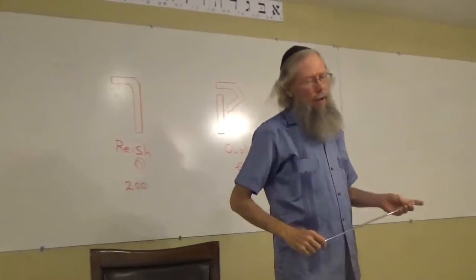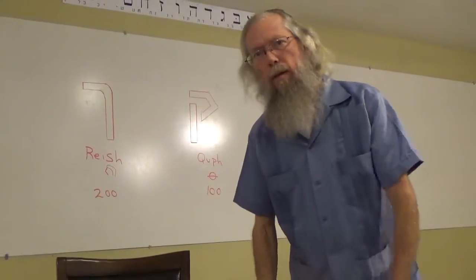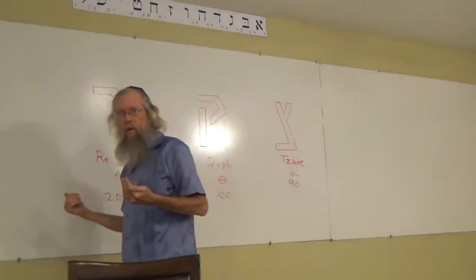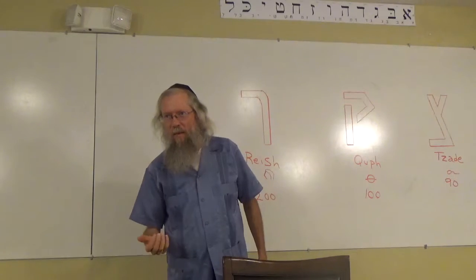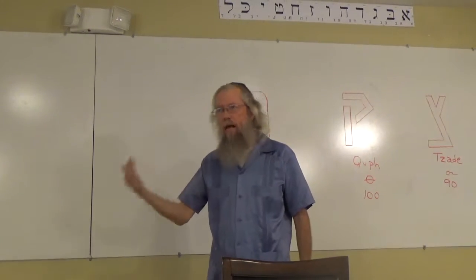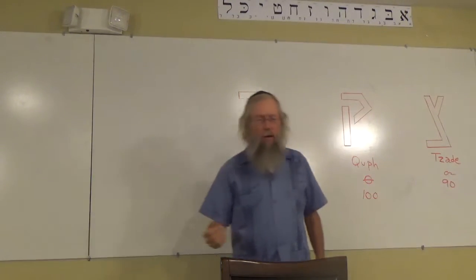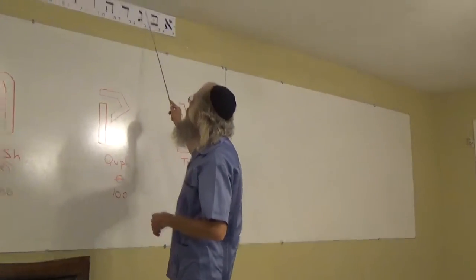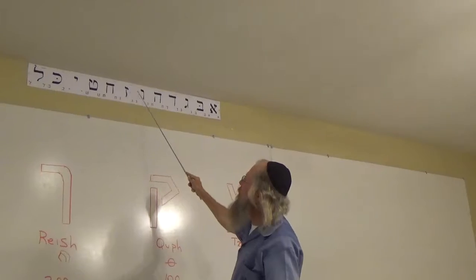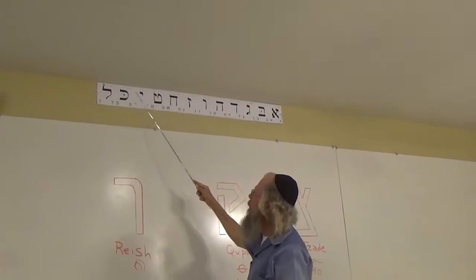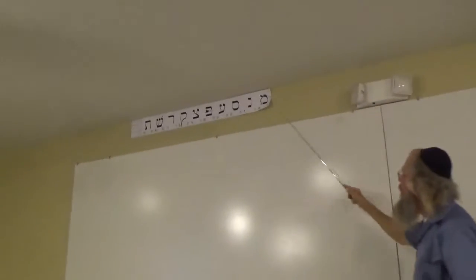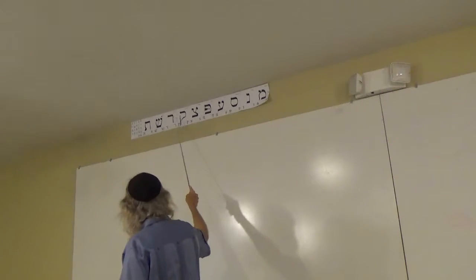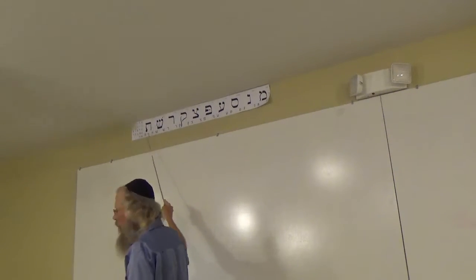So you have, in effect in Hebrew, because the Hebrew letters are the numbers, the first decimal system. Okay, you go up to 10, then you use the tens, and then you go to hundreds. Okay, so again, 1, 2, 3, 4, 5, 6, 7, 8, 9, 10, 20, 30, 40, 50, 60, 70, 80, 90, 100, 200, 300, 400.